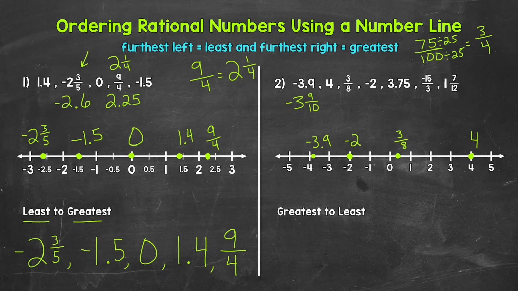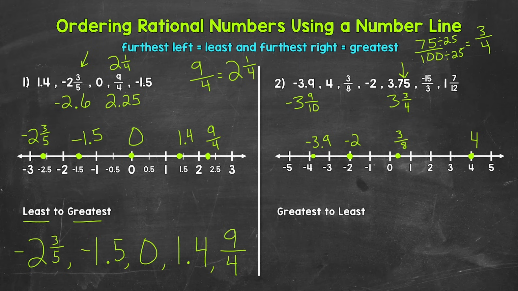The greatest common factor between 3 and 4 is 1. So we are in simplest form. 0.75, 75 hundredths, equals 3/4 as a simplified fraction. So this is 3 and 3/4. Anytime you see 0.75, that's going to be 3/4 in fractional form.